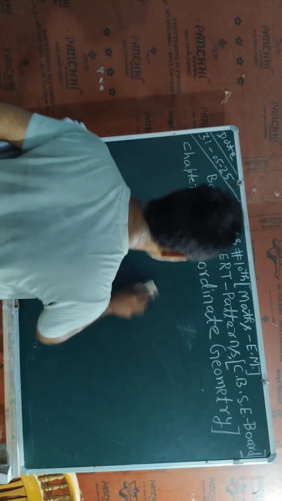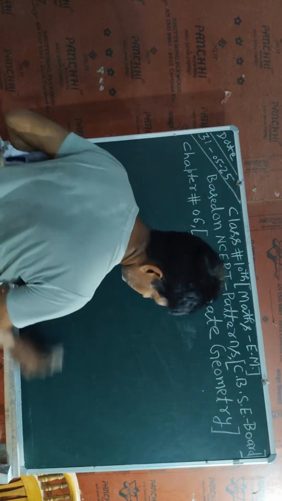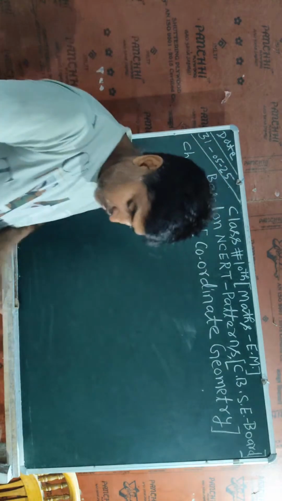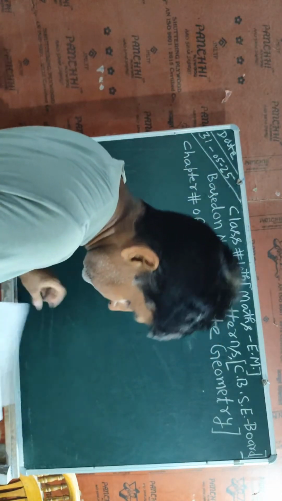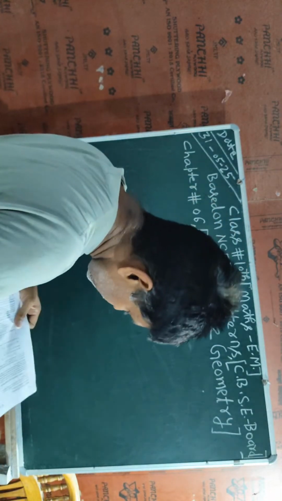It means that 2 points will be given, and a point is also given, and that point is dividing a line segment, and we have to find the ratio.